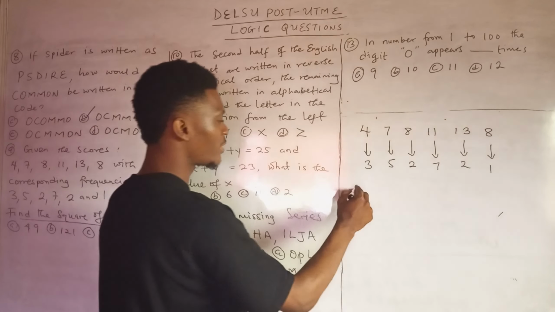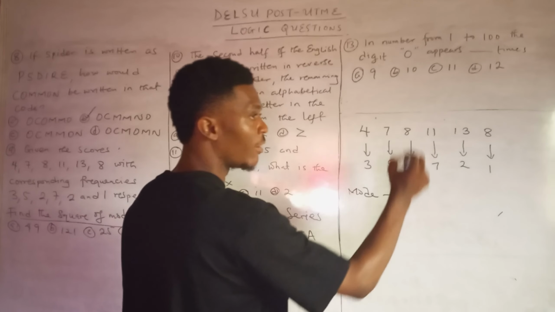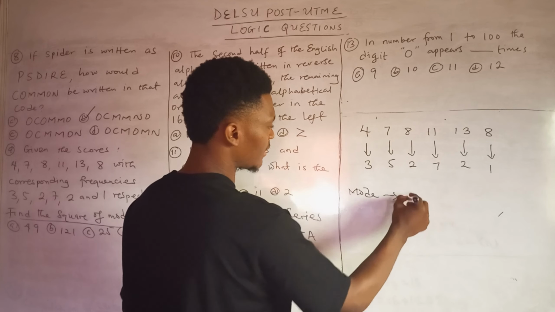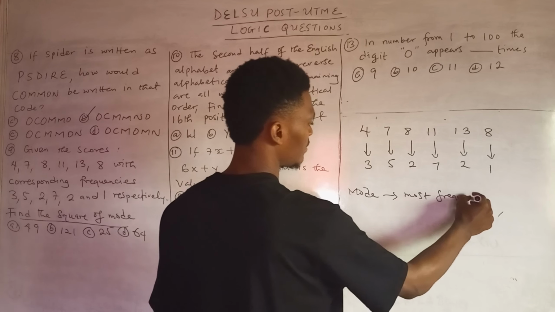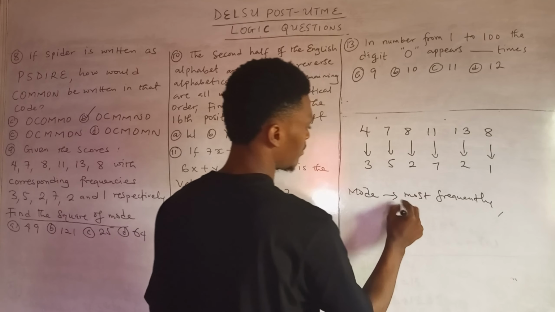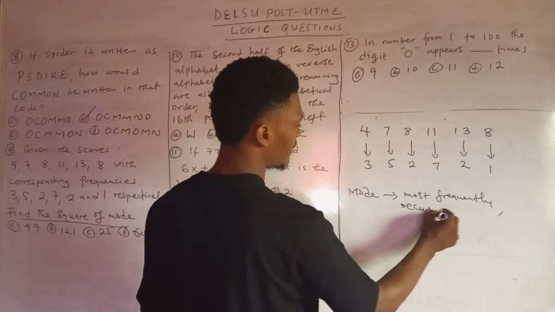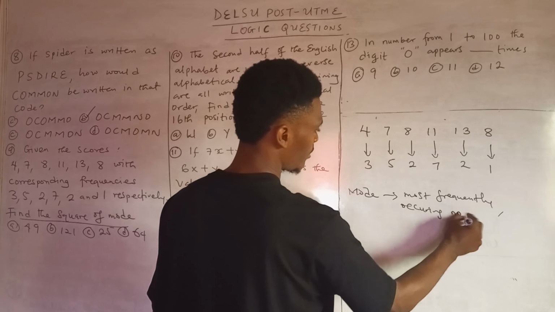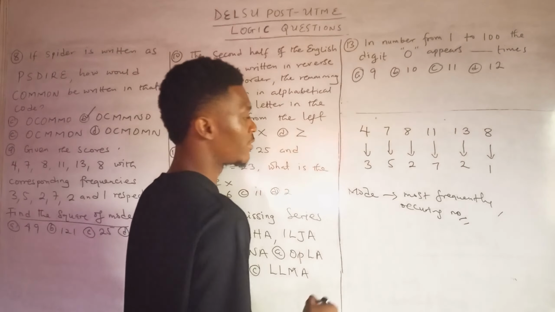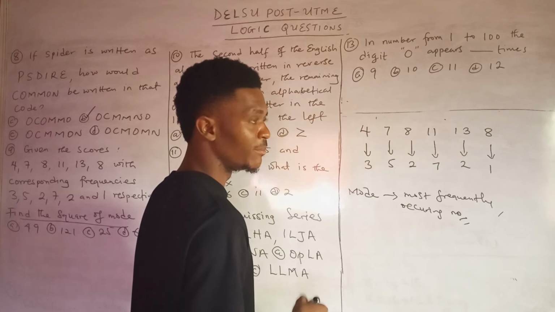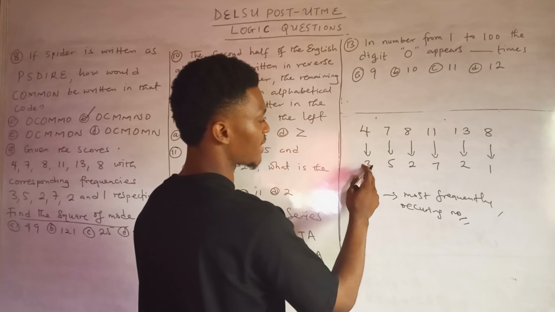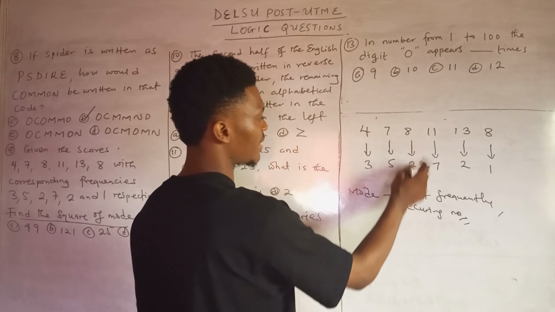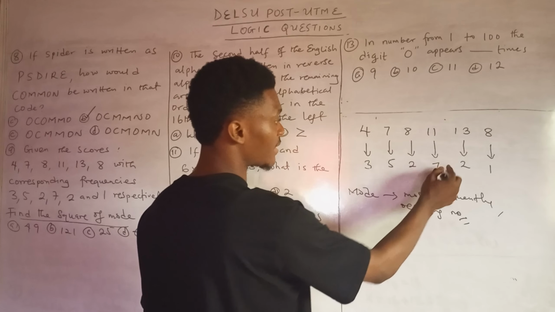You know that mode is the number that occurs most frequently. So the most frequently occurring number is actually the mode, the number that occurs the most. And if you check, 4 appears how many times? 3 times. 7 is 5 times. 8 is 2 times. 11 is 7 times.